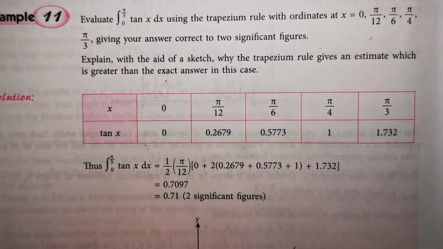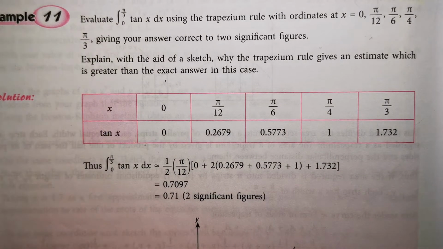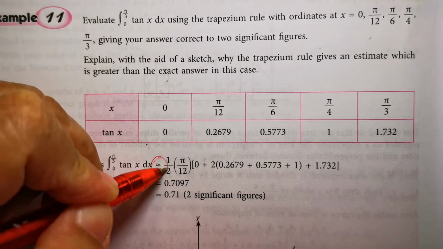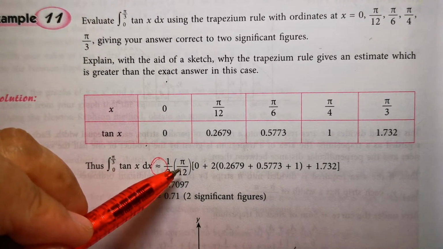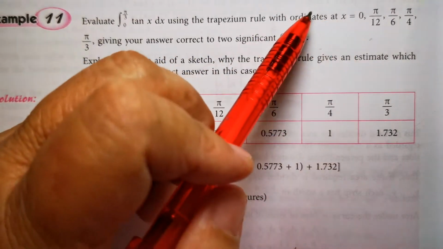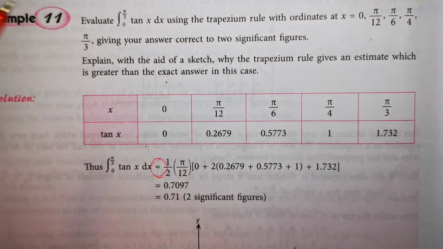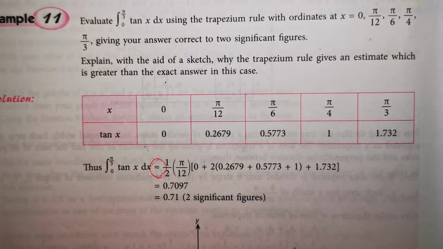By using the trapezium rule, we are using the approximate sign. So half d. What is your d? How to calculate d? How many ordinates? 1, 2, 3, 4, 5. Five ordinates, so your n is 4.